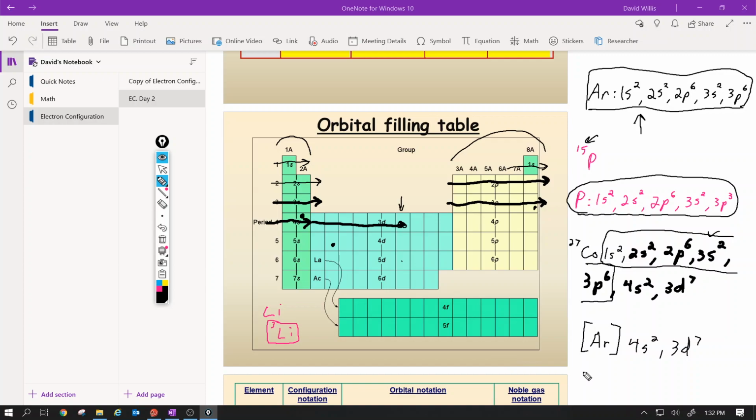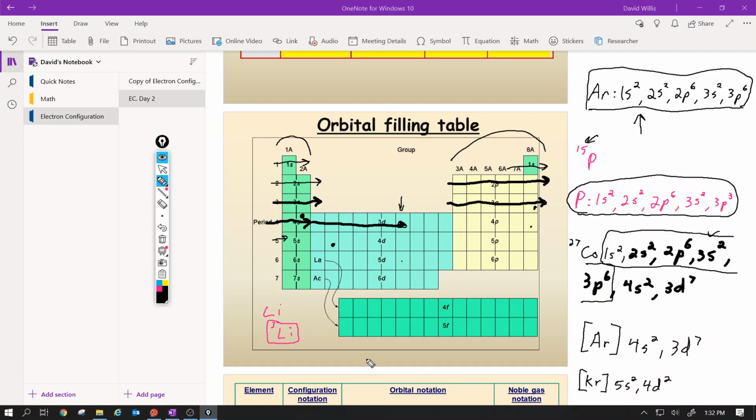If I want to do zirconium, I'm going to do the Kr in brackets, and then finish it out with whatever else you need. Krypton got me to there, and then I'm going to finish it out with 5s2, and then 4d2. But it has to be a noble gas when you shorthand it.